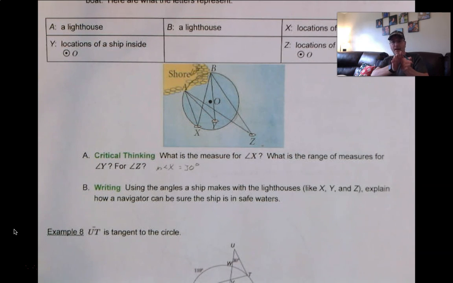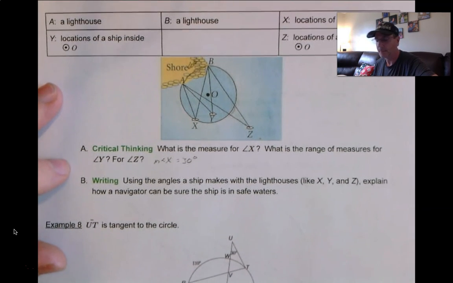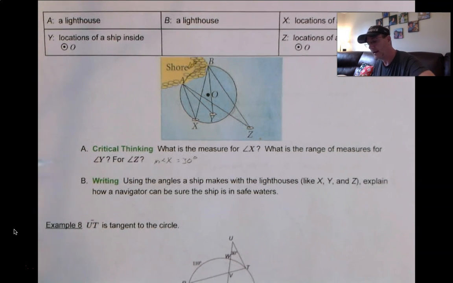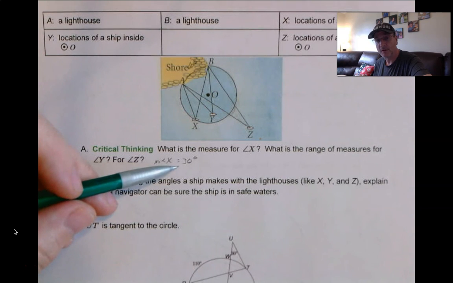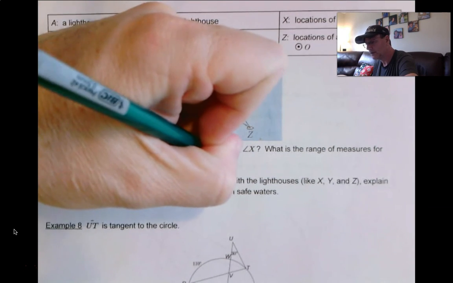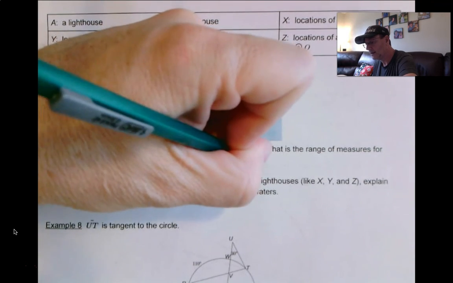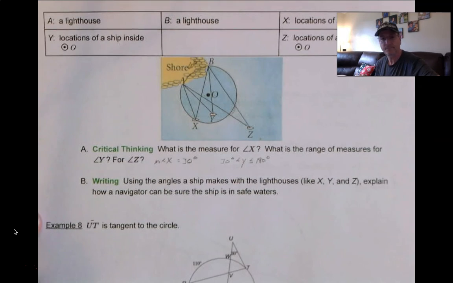As you move back, angle Z is going to close. It's going to get smaller. So, what's the range of measures for angle Y? Angle Y has to be bigger than 30 degrees, but it can't get bigger than 180 degrees. So, 30 degrees is less than Y, less than or equal to 180 degrees.